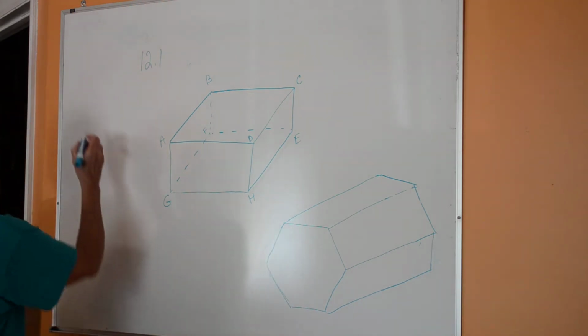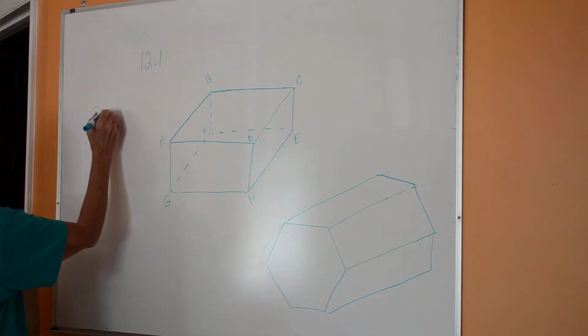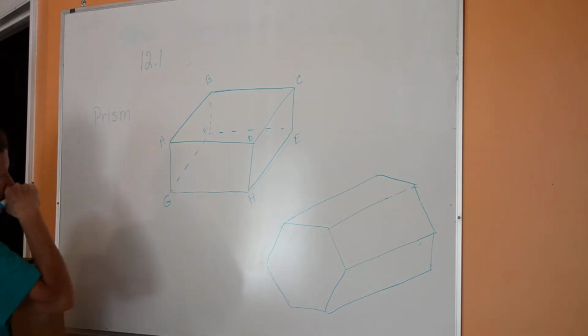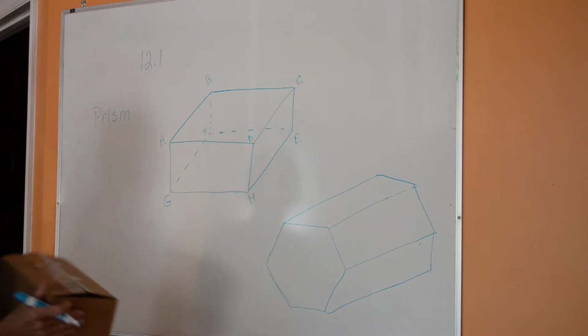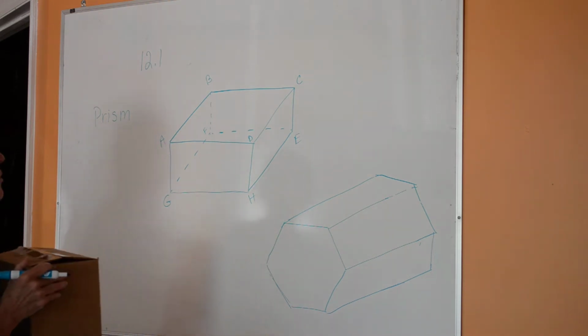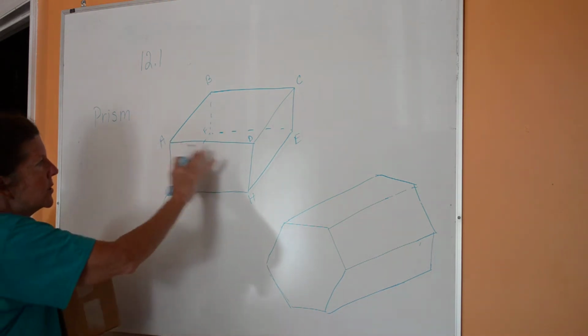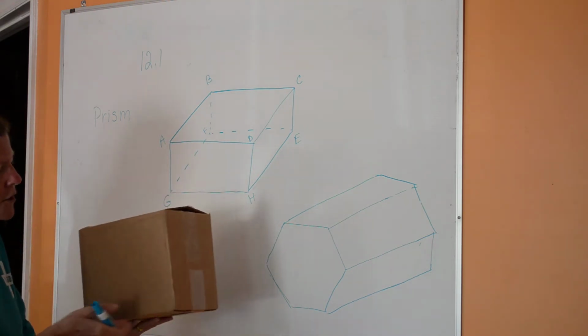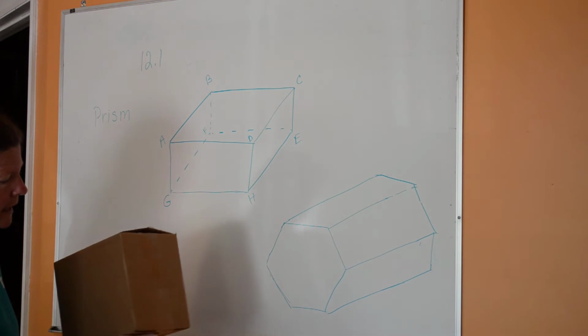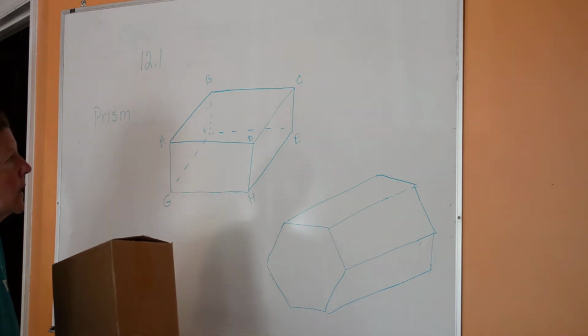And the first shape that we would talk about is a prism. Both of the things that you see up here on the board are prisms. Prisms basically are box shapes, or this would be what we call a rectangular prism, where the base has a rectangular shape.